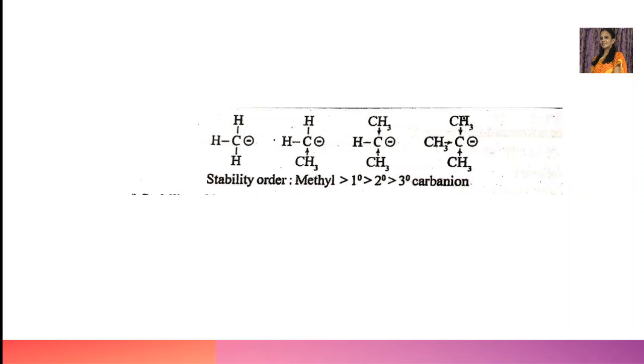In methyl carbanion, there are no alkyl groups attached to this carbon, therefore it is more stable. Whereas here one alkyl group is there destabilizing this, therefore it is less stable when compared to this. And in the secondary one, there are two alkyl groups destabilizing this carbon bearing negative charge, therefore this ion is less stable.